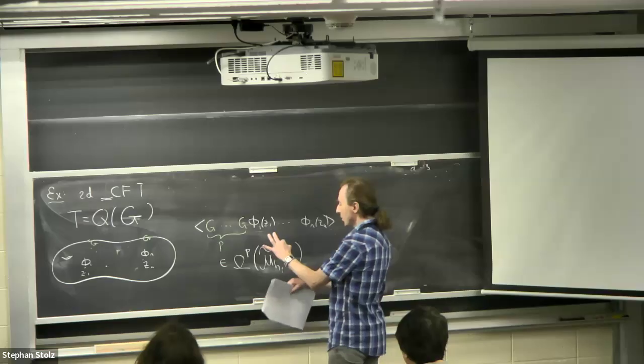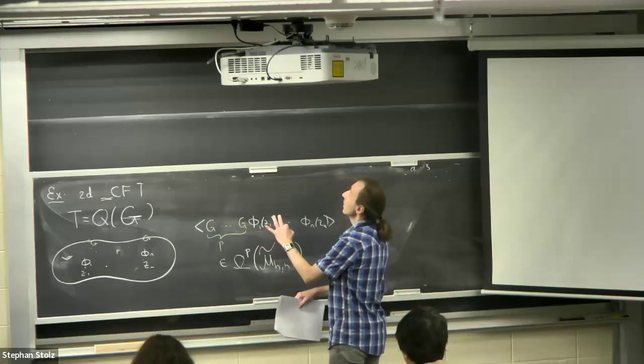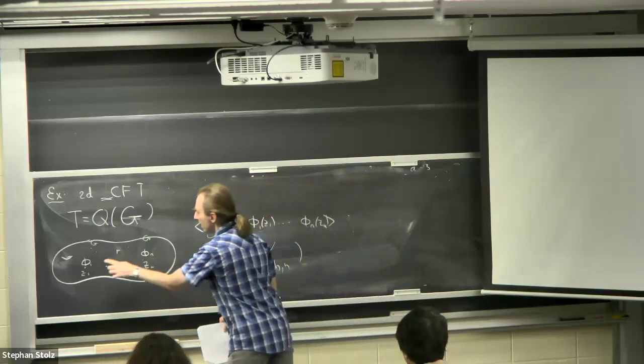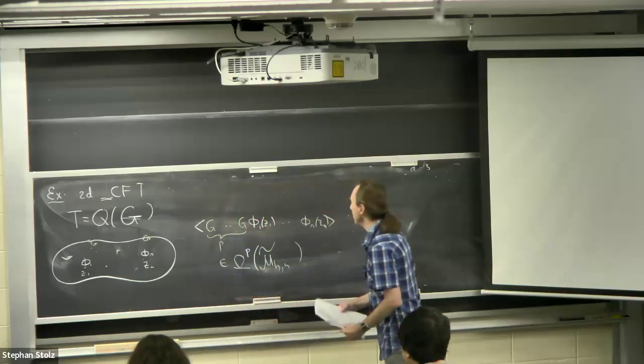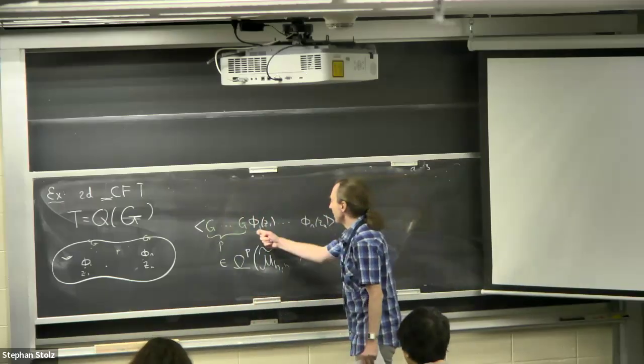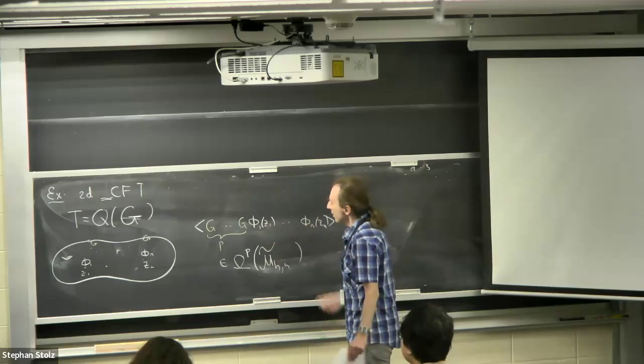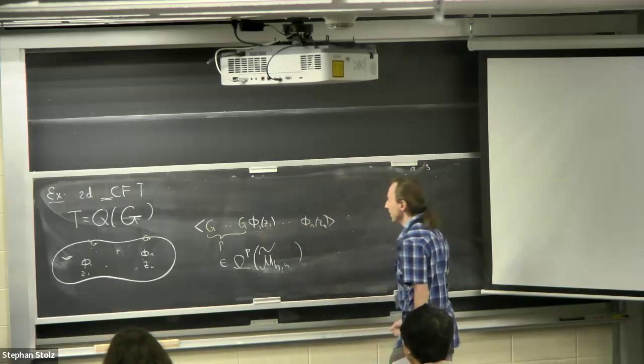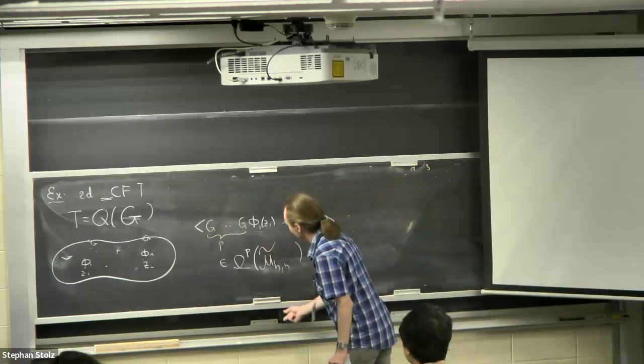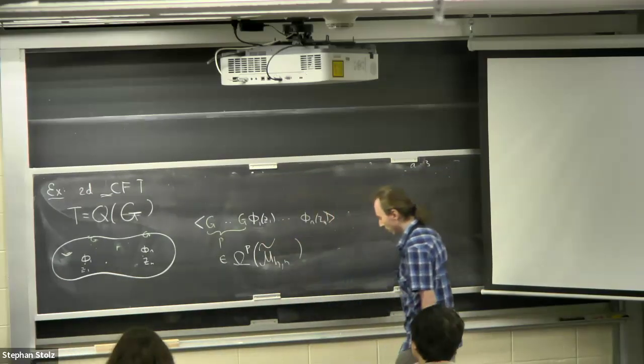The tilde means that I want to remember a formal local coordinate near each puncture, since sometimes you want correlators of not just primary fields but also descendant fields. To be correct, you need to remember this formal local chart.